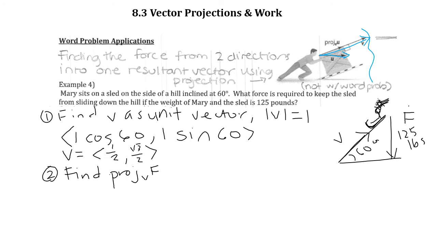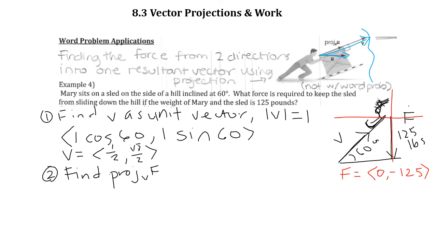So we're calling this F. And if you remember from one of our last word problems, if I draw a coordinate plane on here, this point at the bottom of the 125 force, that's going to be F. And that's going to be 0, negative 125, because it's pushing down, and so that's going to be our F vector. And so that's how we're going to find F projected onto V. It's going the opposite direction, so we're going to show you that in a second.